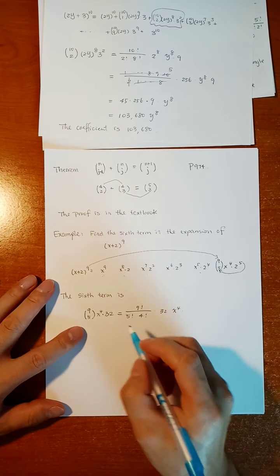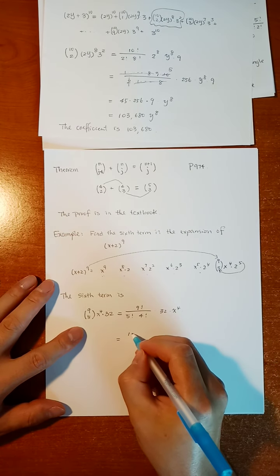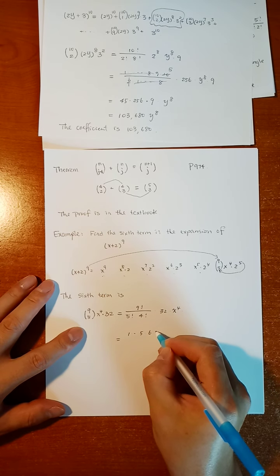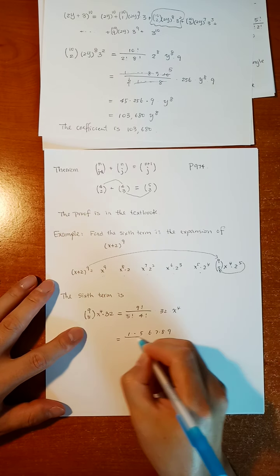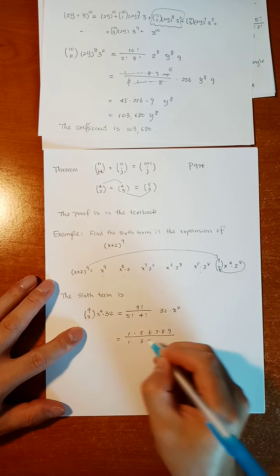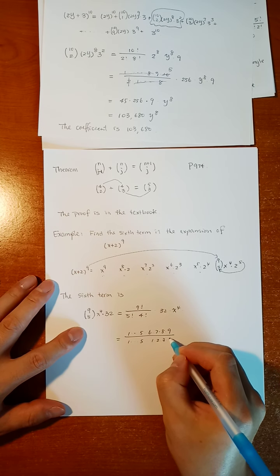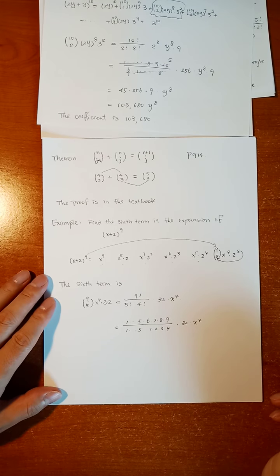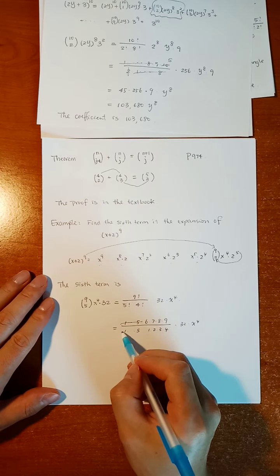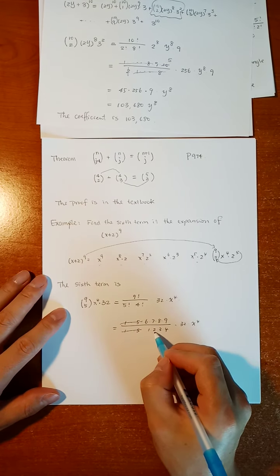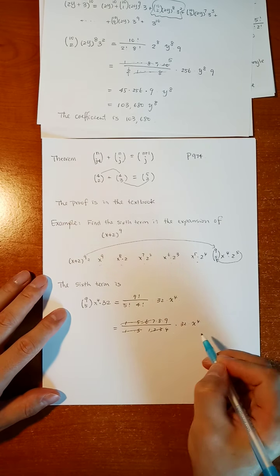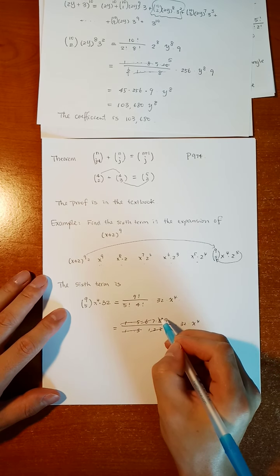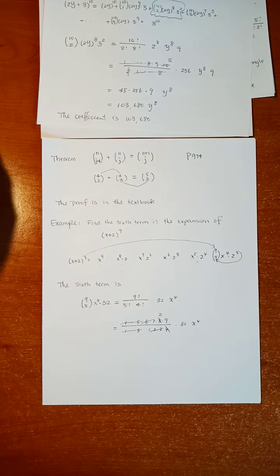This is 1 times 5, 6, 7, 8, 9 over 5 factorial, 1, 2, 3, 4. 1 to 5 cancels with 1 to 5. 2 times 3 is 6, and 6 cancels with 6. 4 cancels with 8, you get the number 2.